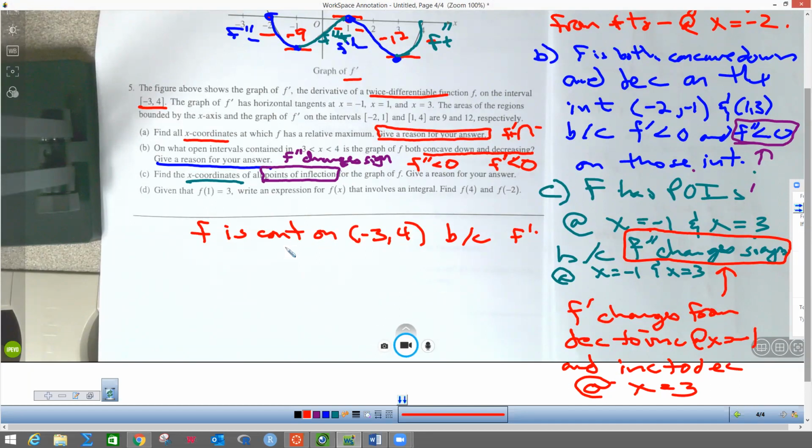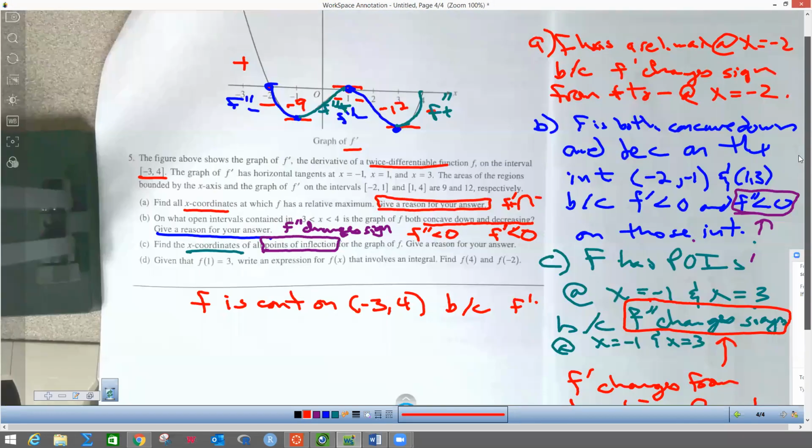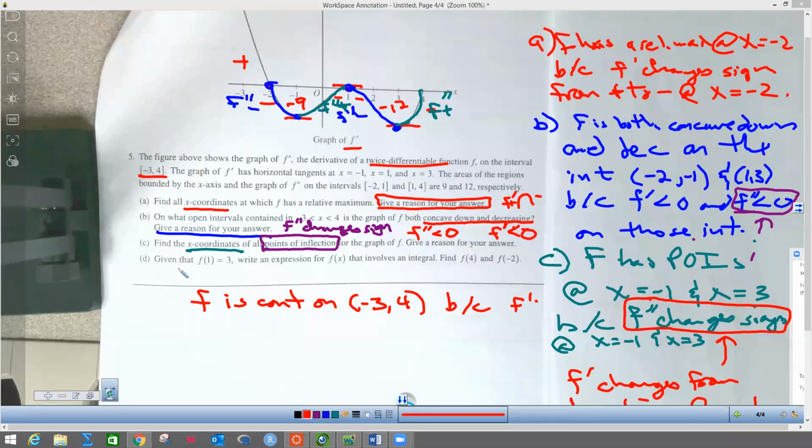Okay? And then we've got one more. We've got this D. D says they're giving us a point 1, 3. So the original graph of function F, the point 1, 3 is on there. Write an expression for f of x that involves an integral, finding this information right here. And we want to find f of 4, and we want to find f of -2.